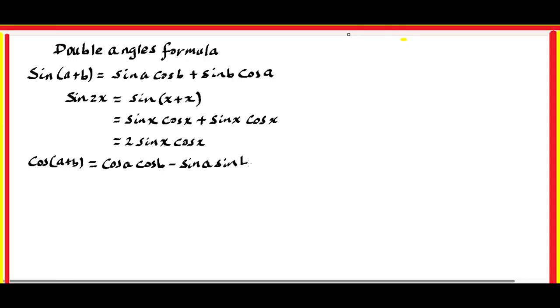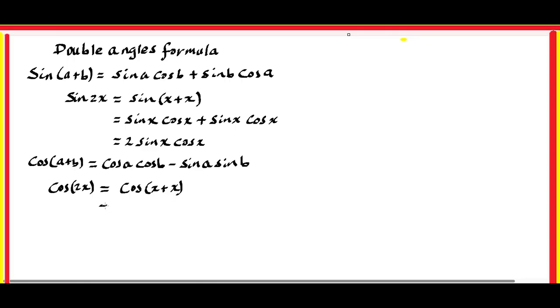This is what we have. Now we need to use what we know to find the other trigonometric identity, the double angle formula for cosine. That is, what is cos of (x plus x)? That's 2x. Now we need to use this trigonometric identity.